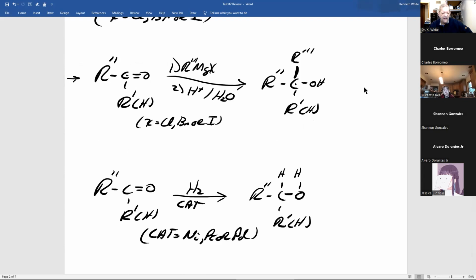And here, take an aldehyde or ketone, react it with the Grignard reagent, second step, acid and water, and you make a carbon-carbon single bond to the original ketone or aldehyde, and you open it up to an alcohol.